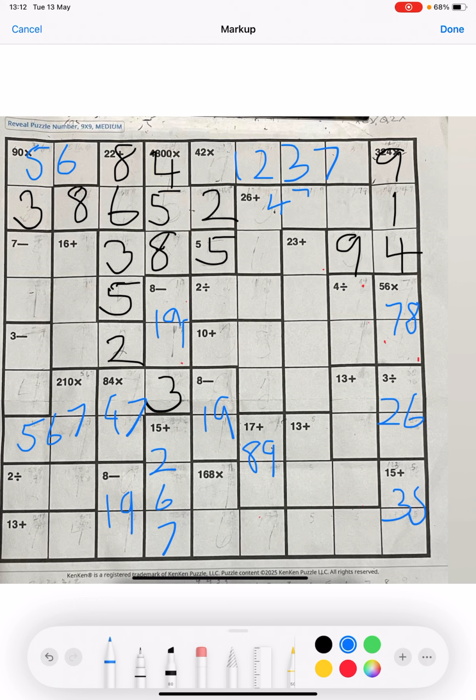In this 26 cage, I've got 4, 7, 9 still to go in. 4 plus 7 plus 9 is 20, so I must have a 6 then to make up the 26 there. In fact, the only place I could have a 9 is in the middle of this one. So that one's a 9. These two are 4 and 7, one way or the other. I don't know which. I'm sure we'll find out soon enough.